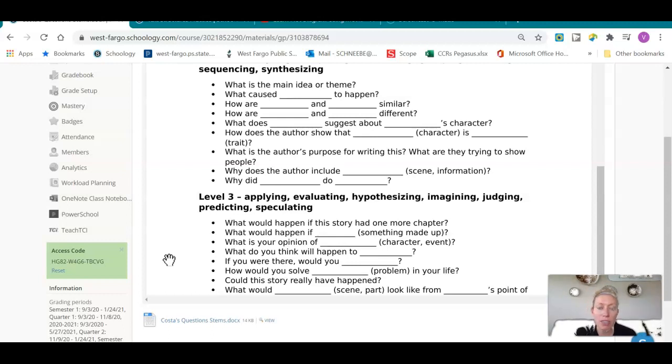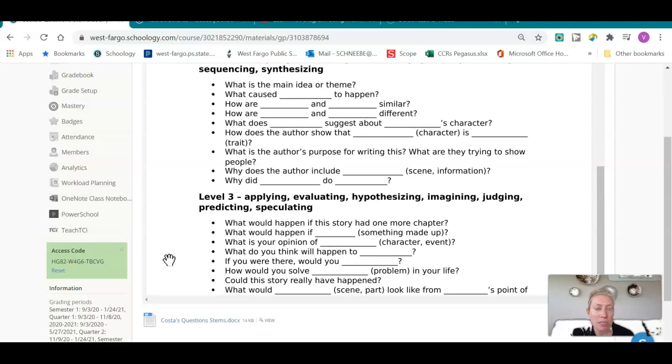Questioning as you're reading, as we know, is a very important skill because it helps you understand what you're reading at a deeper level.